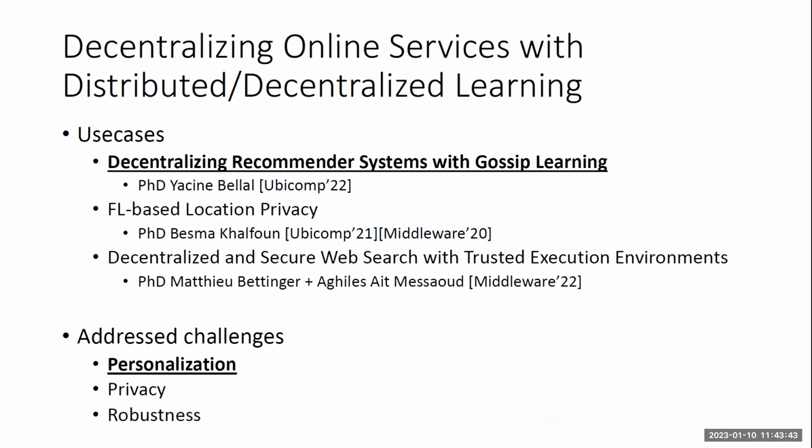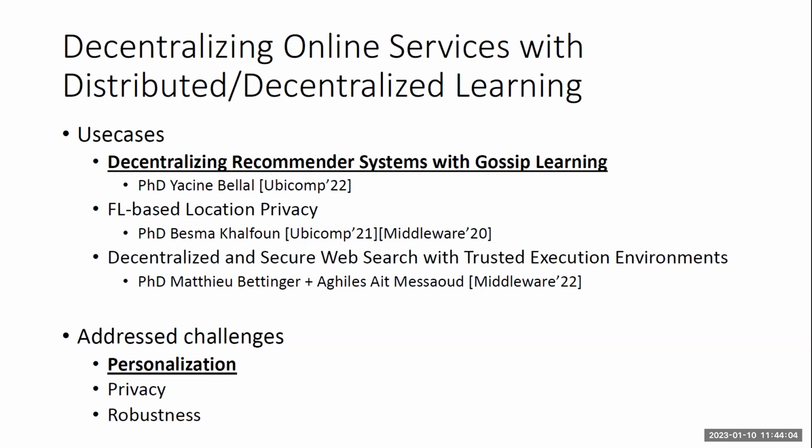Okay, so I will now move to a specific use case. These are use cases that we investigate in the team. One of them is around decentralized recommender systems with gossip learning, the one that I'm going to talk about right now. But we also looked at, and maybe this afternoon during the roundtable we will talk about, other use cases.